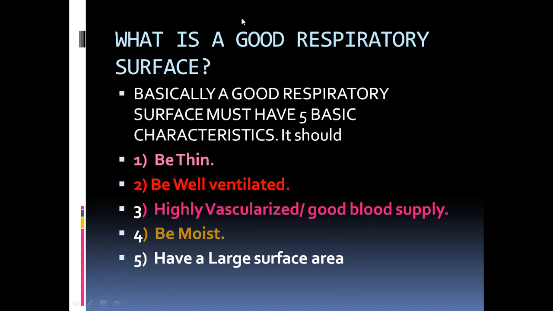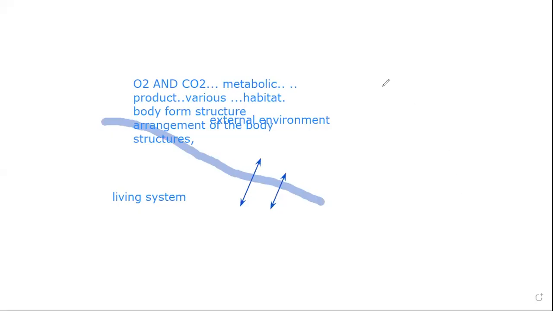Now let us go back to the board. First of all, a respiratory surface must be thin. Let me just draw a sketch over here to show you. We have one surface which is like this.